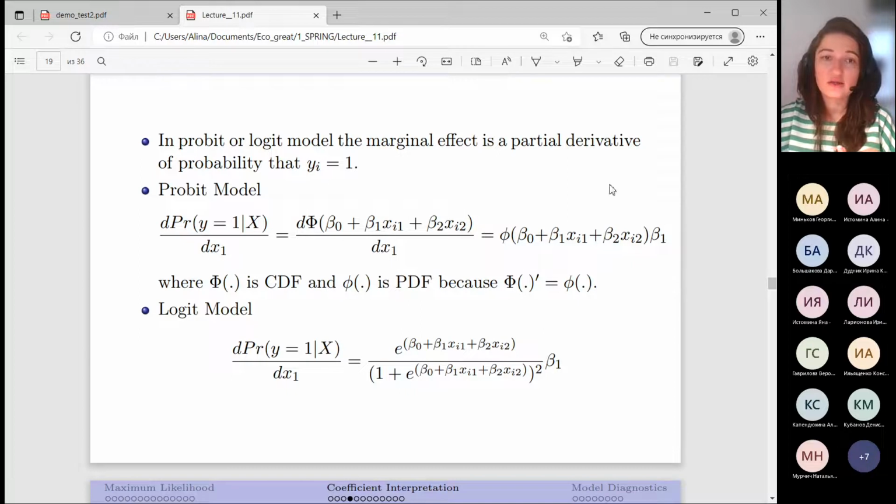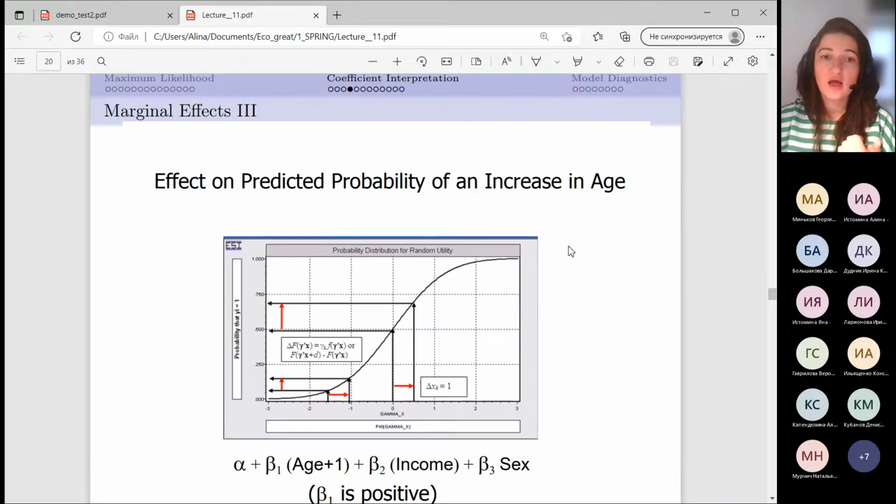You can see that when you estimate the marginal effect, this is the result of your estimation in probit and logit models. You can see here that X variables are included in this expression in both cases. And so the marginal effect depends on the value of X.